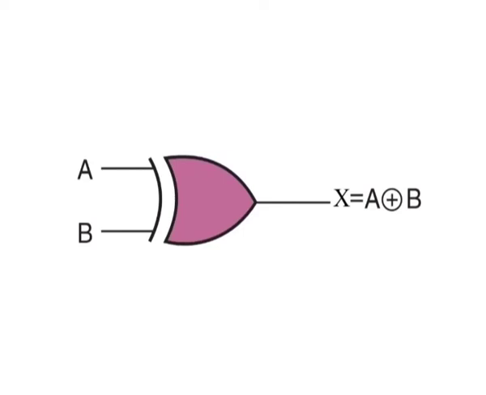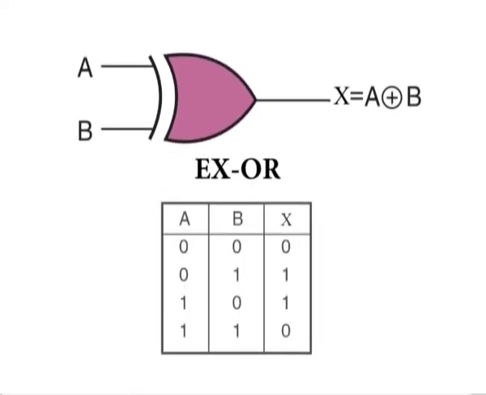The exclusive OR gate, commonly written as XOR gate, is a 2 input 1 output gate. The figure here shows the logic symbol and truth table of a 2 input XOR gate. As can be seen from the truth table, the output of an XOR gate is a logic 1 when the inputs are unlike and a logic 0 when the inputs are like.